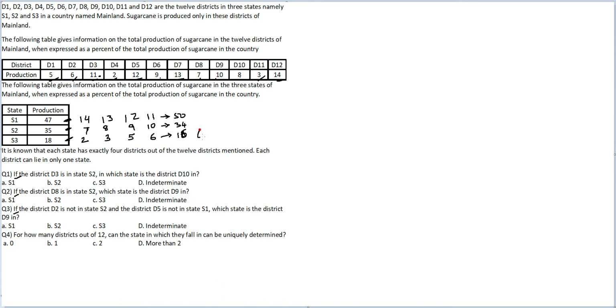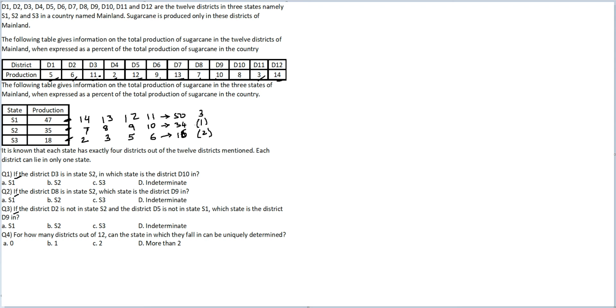So as of now, this has a deficit of 2, this has a deficit of 1, and this has a surplus of 3. So whatever readjustment has to take place has to happen within this. You can either start from state 1 and move to state 3, or start from state 3 and move to state 1. I am choosing to go from state 3 to state 1.